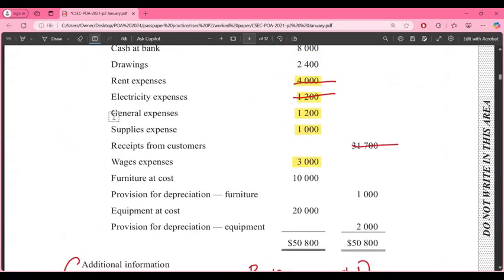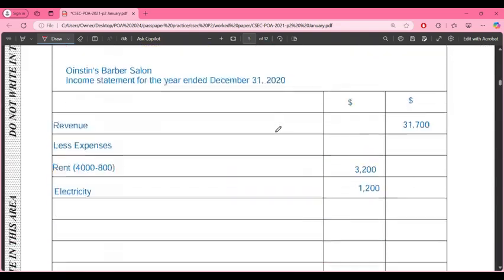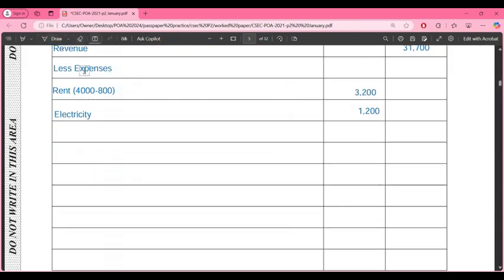The other expenses that we have is the general expense, but there is also an additional note for general expense. So after you identify your expense, you look to the note. It has been unpaid. So what this is saying, it's this gonna be added because there's an invoice sitting on the desk for $500 that has not been paid as yet.